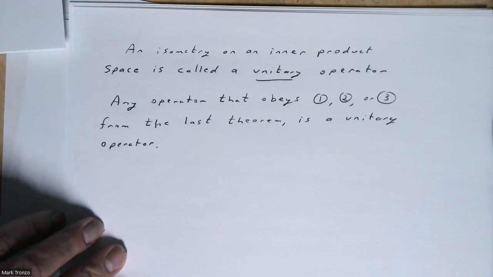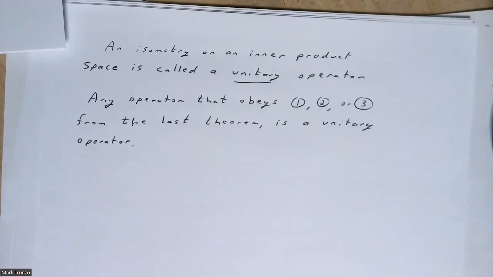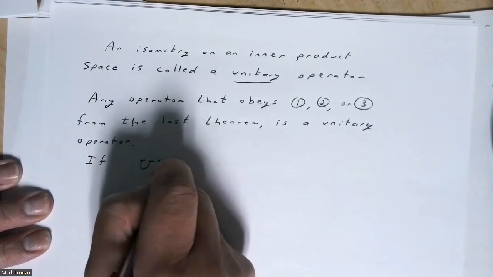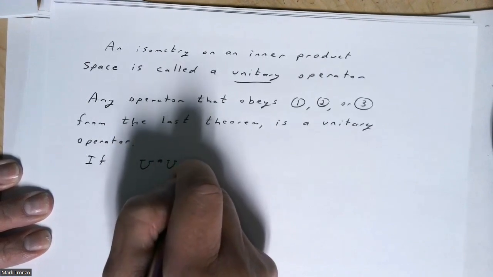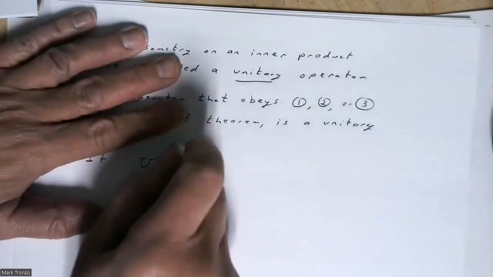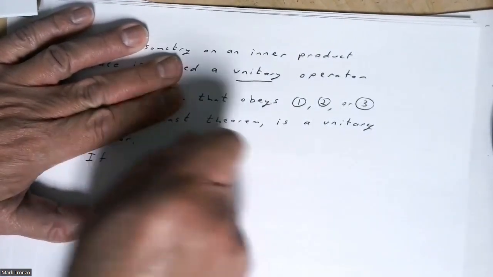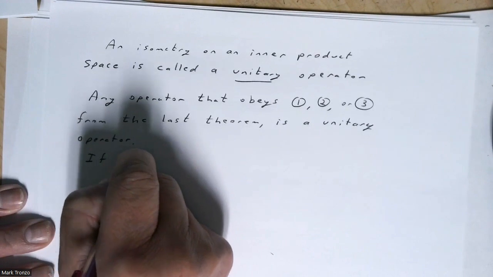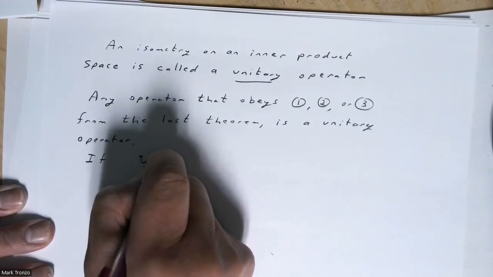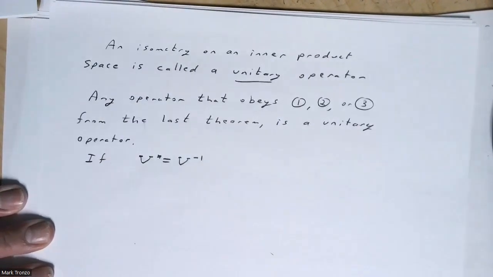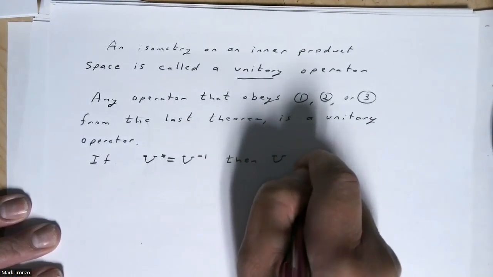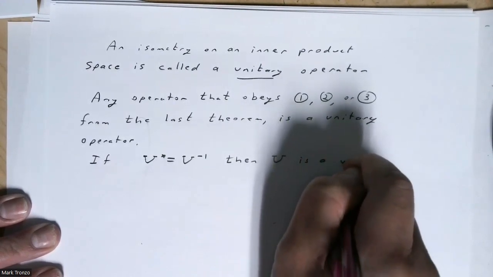So anyone that obeys those is a unitary operator. And furthermore, once again, you could also say that if U, the adjoint is equal to the inverse, then U is a unitary operator.